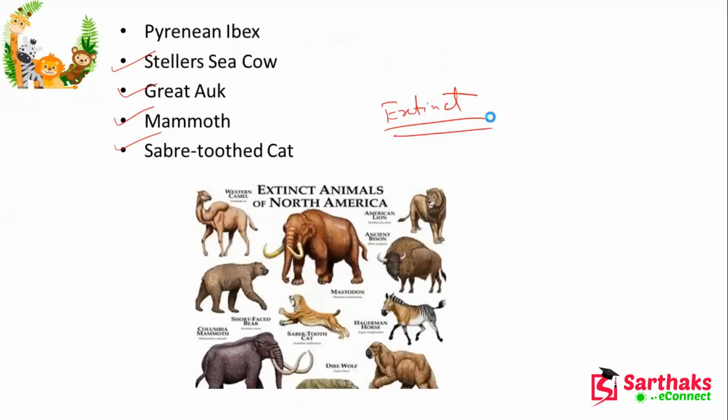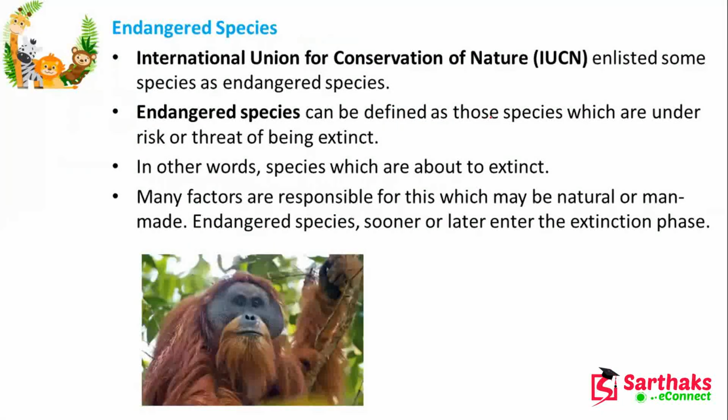Now, the endangered species. The International Union for Conservation of Nature, that is IUCN, has enlisted some species as endangered. But before that, we have to know what we mean by endangered species. You may ask, ma'am, what is an endangered species?